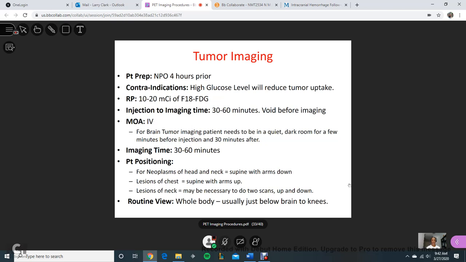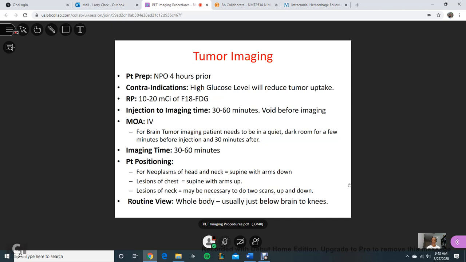The patient positioning would be for neoplasm of the head and the neck. You would put them supine with their arms down. For lesions of the chest, you would put them supine with their arms up. For lesions of the neck, it may be necessary to do 2 scans, one with the arms up and the arms down. Okay? For the routine view, you'll do a whole body, usually just below the brain to the knee.